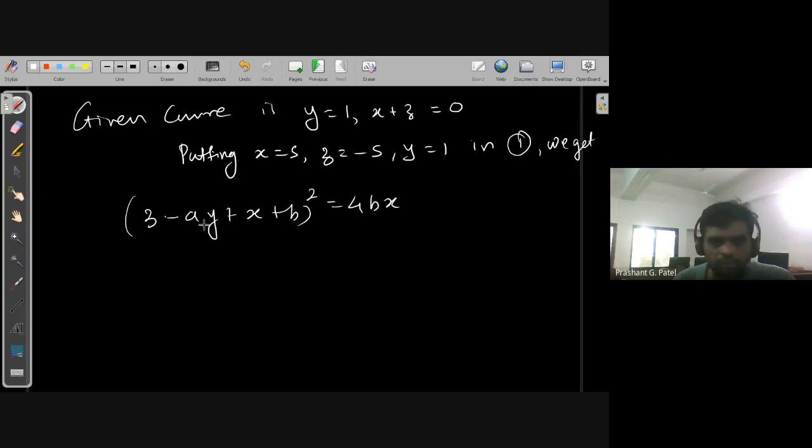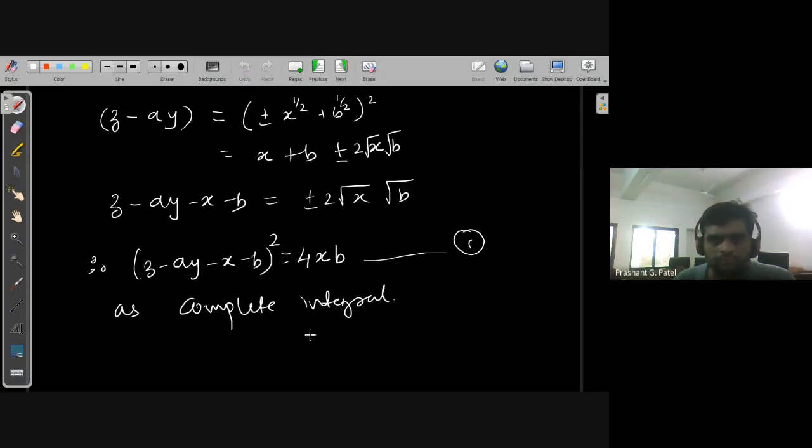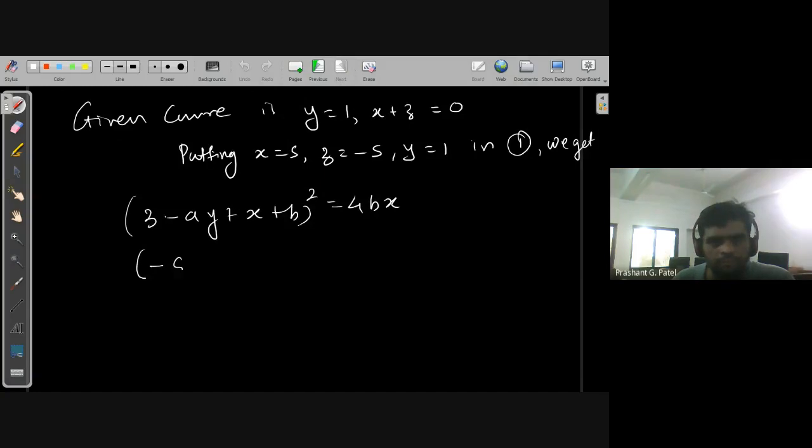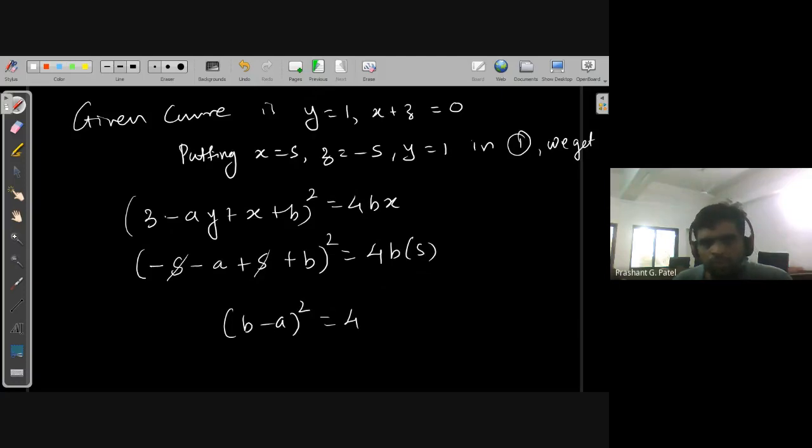We have to substitute these values. So z is minus s, ay is a, x is s, b square, is equal to 4bx, x is s. So this s will get cancelled. So we'll have b minus a whole square is equal to 4bs.